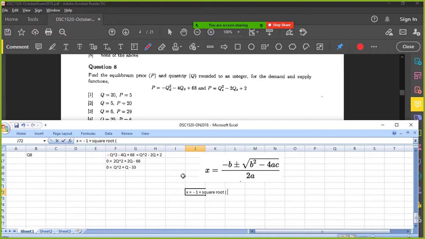The b is 1. 1 squared is 1. Minus 4ac. Minus 4. A is 1. C is 1. So minus 4.